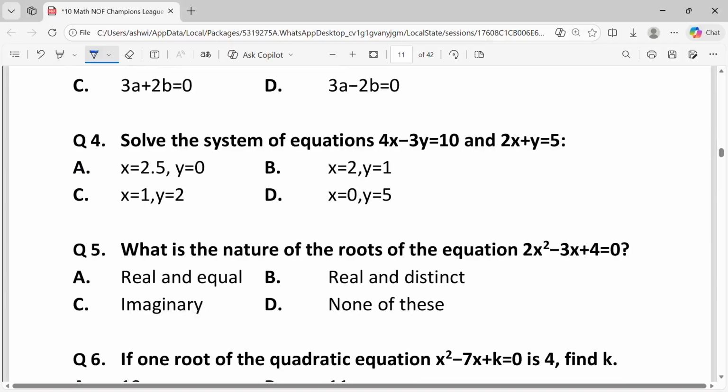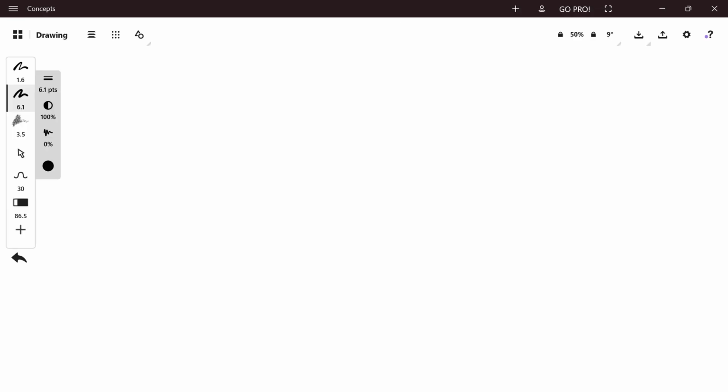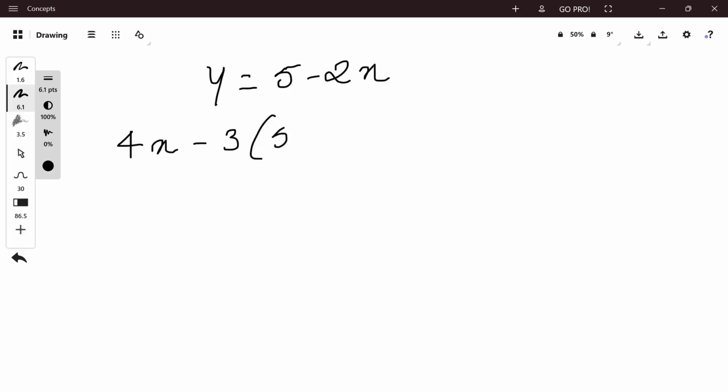Question 4. Solve the system of equations 4x - 3y = 10 and 2x - y = 5. From the second equation, express y in terms of x, that is y = 5 - 2x. Substitute the expression for y into the first equation, that is 4x - 3(5 - 2x) = 10.